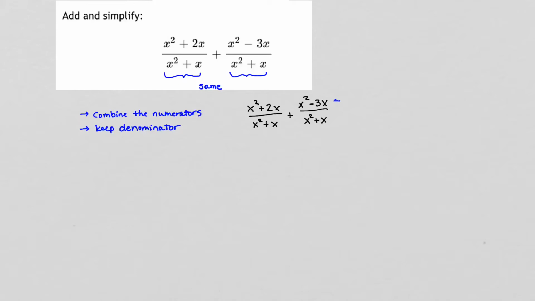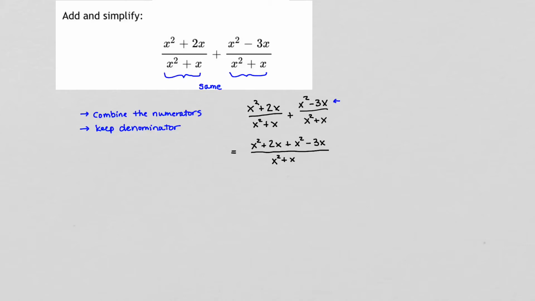Let's put these all together into a single expression: x squared plus 2x plus x squared minus 3x. That becomes our new numerator, and our denominator stays the same, x squared plus x.